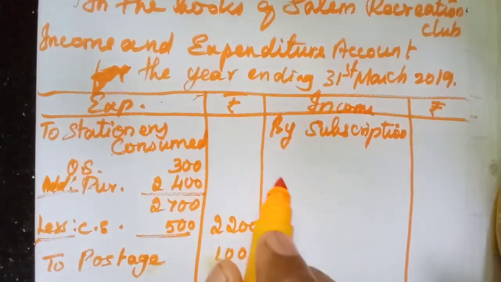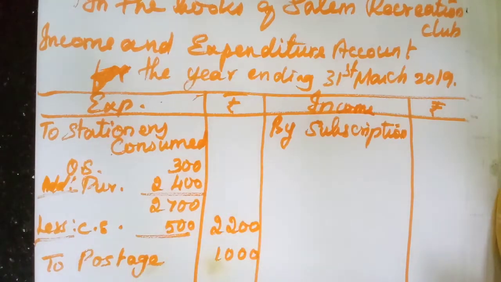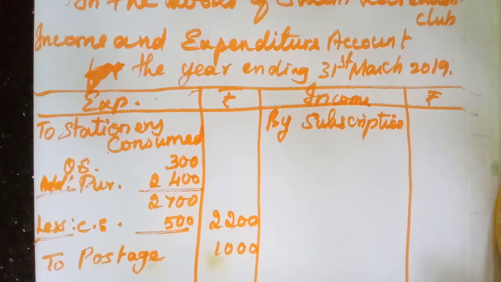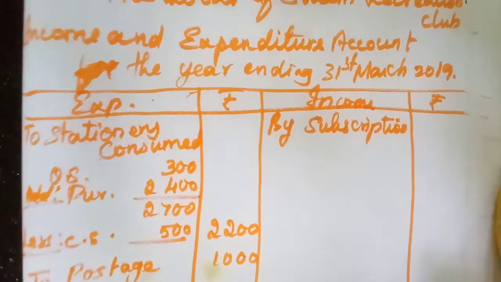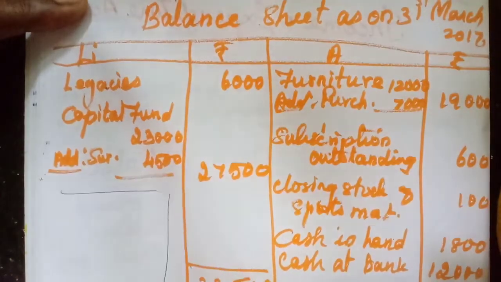12,500. We need to calculate any additional subscription we need to receive, that is the outstanding subscription. For that one, we have to do the calculation. Here in this one, I am doing the calculation.